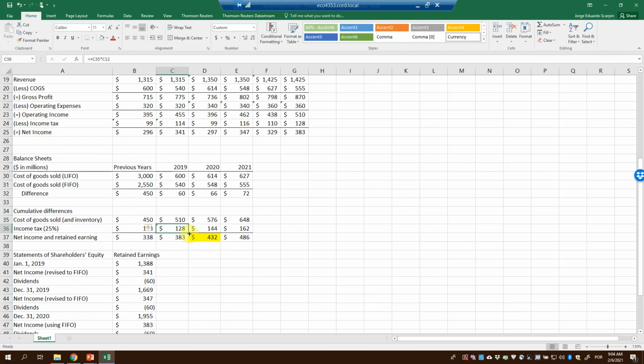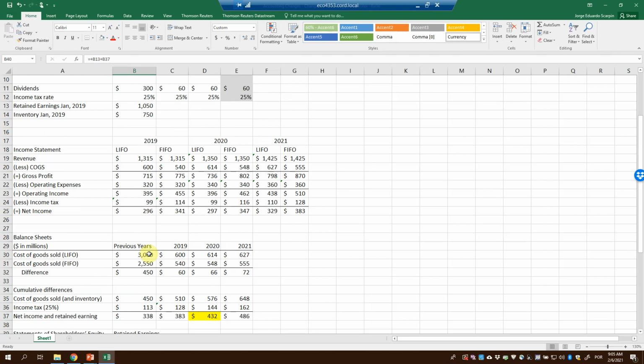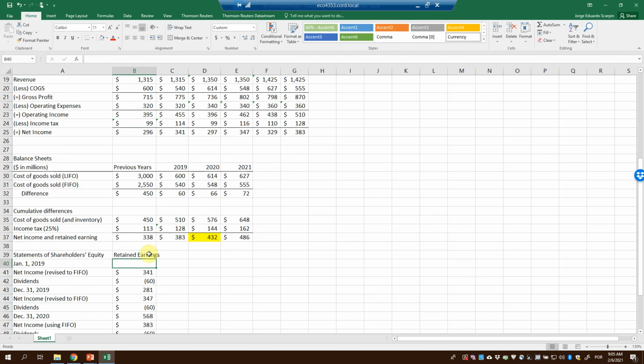Later, statement of shareholders' equity. January 1st, 2019. So here, according to FIFO, how do we do that? That is the tricky question.